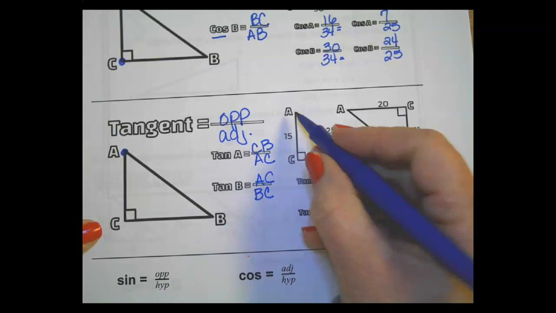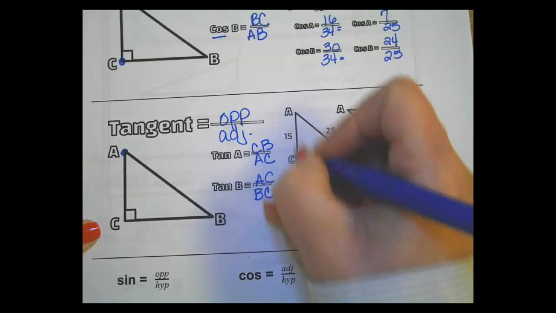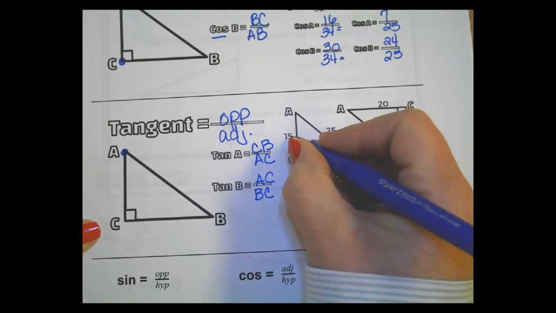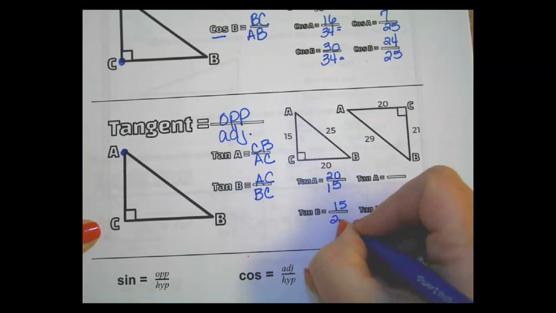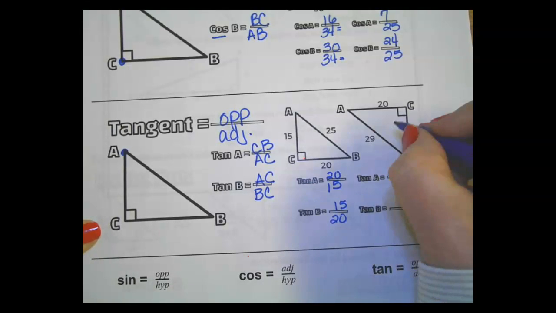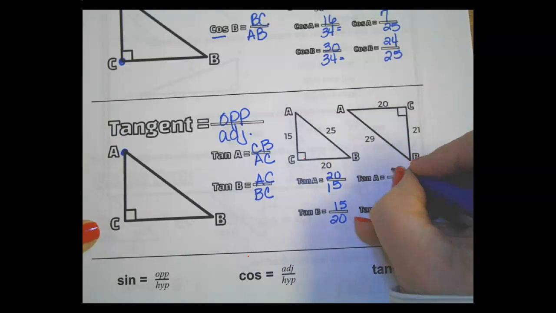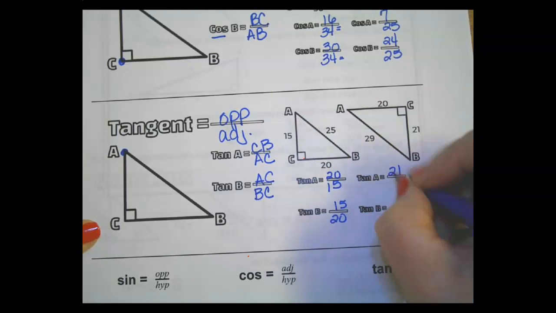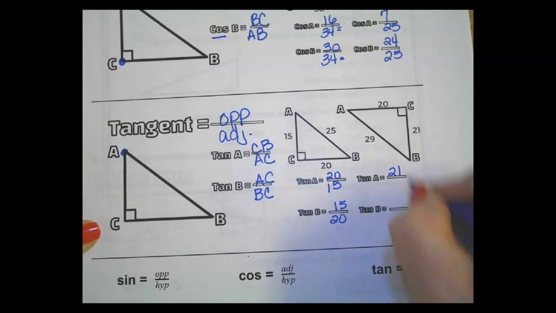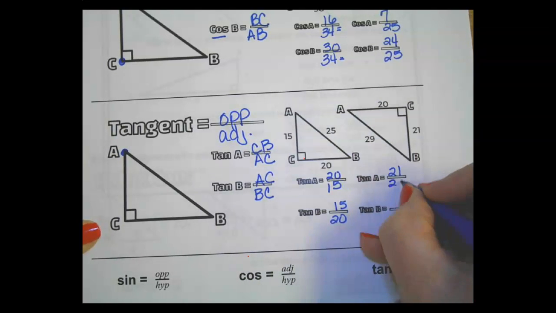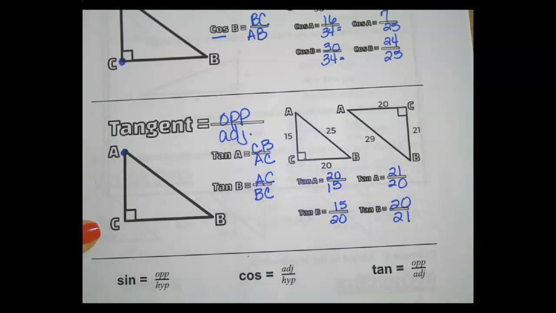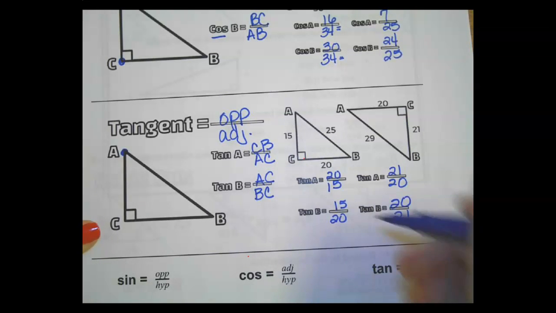Opposite of A is 20, my adjacent is 15. For B, opposite is 15, adjacent is 20. Here, for A, opposite is 21, so no hypotenuse at all; 25 and 29 should not be anywhere here. So 21 over 20. For B, it's 20 over 21. These are like the reciprocals.